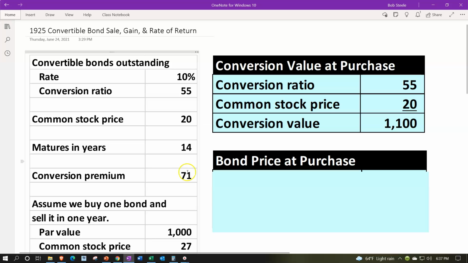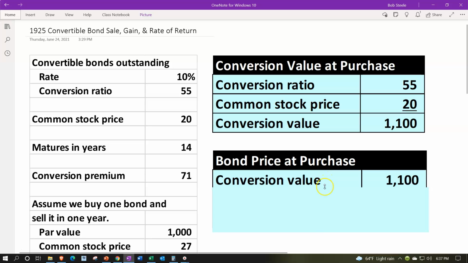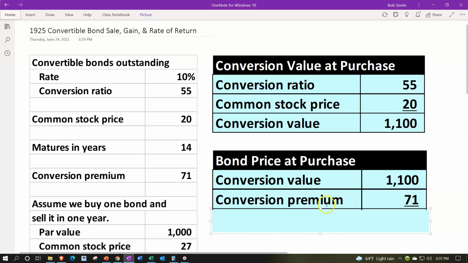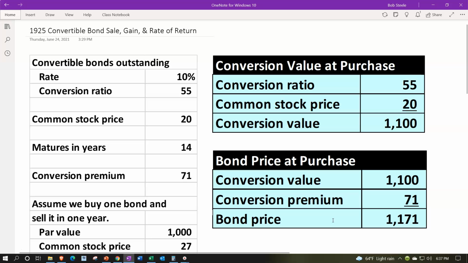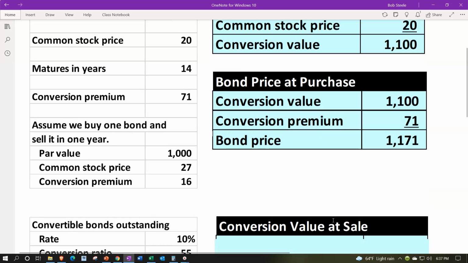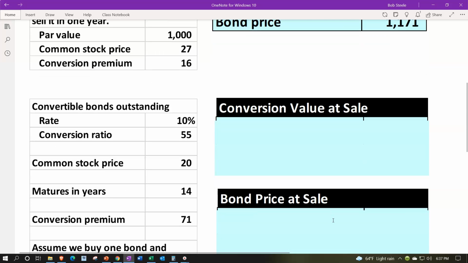If you're thinking about book problems, just think about the formula for the conversion premium and then back into the unknown, which in this case is the bond price. So the conversion value is 1,100, the conversion premium is 71. Adding those together, the bond price is 1,171.